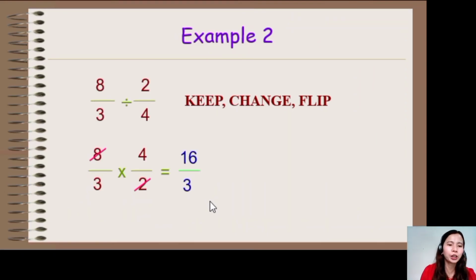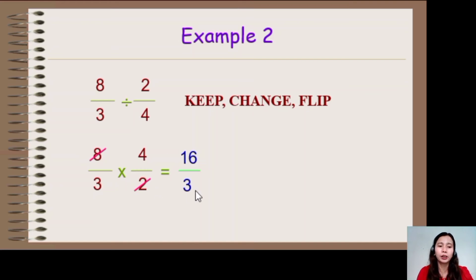Okay, again, keep, change, flip. So, keep the first fraction, change the operation, then flip or get the reciprocal of the second fraction. Then you can use cross-reduce. So, 8 and 2, both are divisible by 2. So, 8 becomes 4 and 2 becomes 1. 4 times 4 is 16.